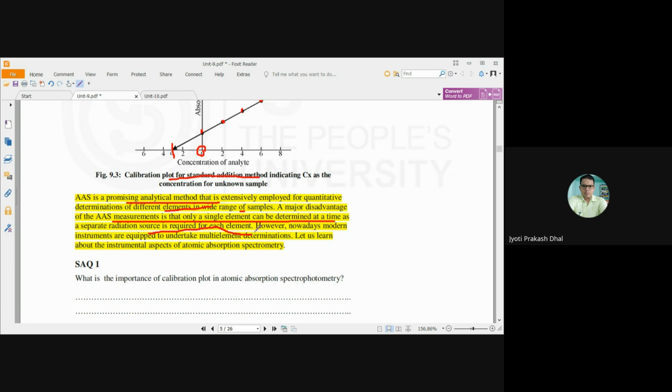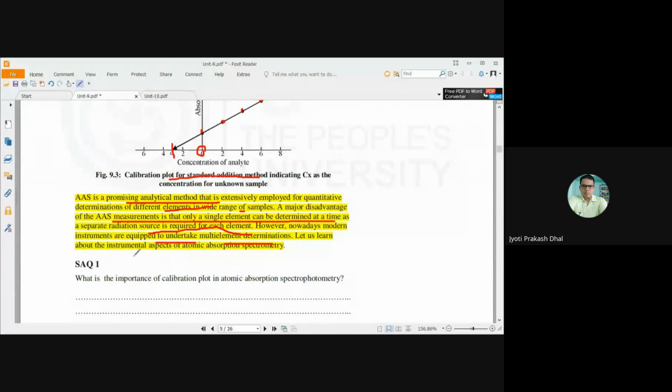If we want to measure the concentration of a different element, then a separate radiation source should be used. However, nowadays modern instruments are equipped to undertake multi-element determination.